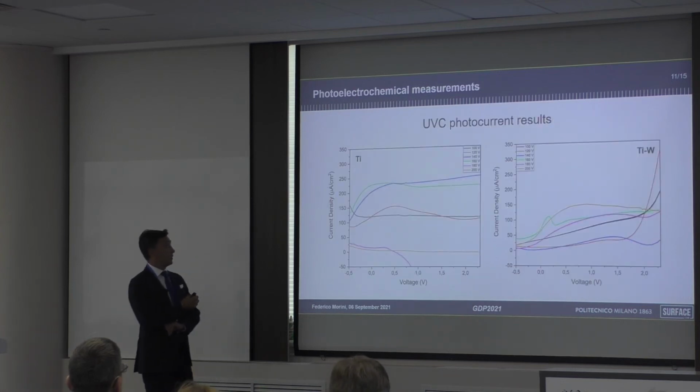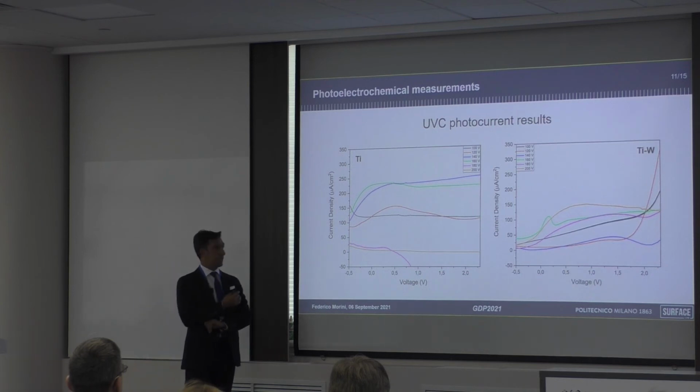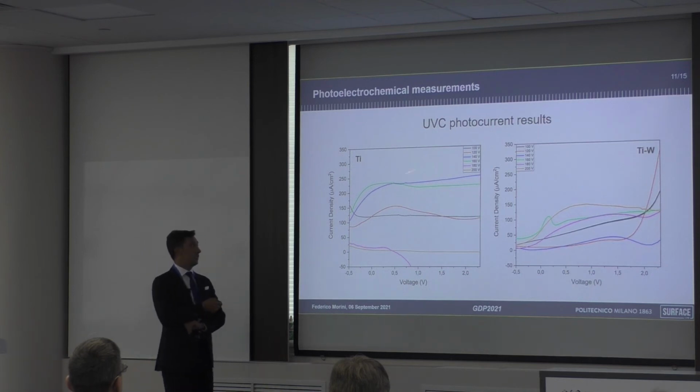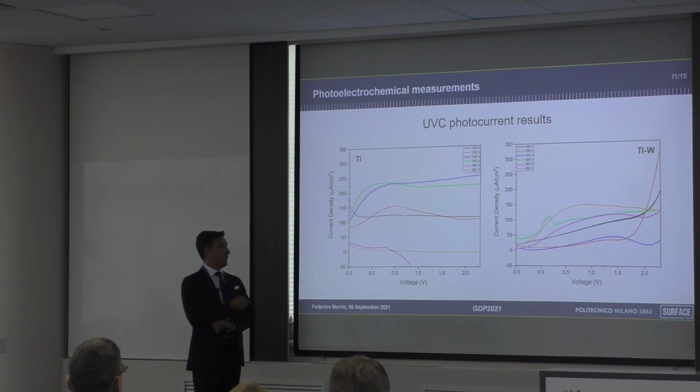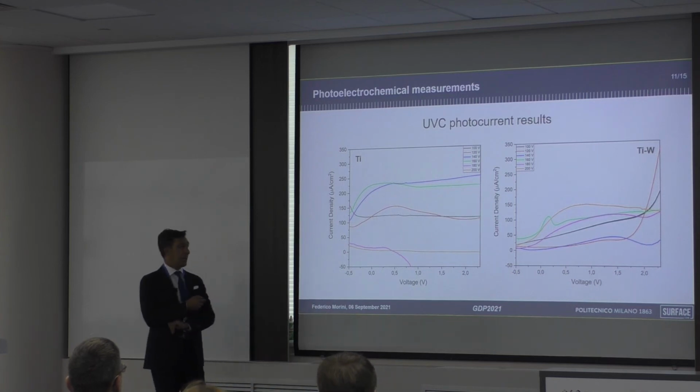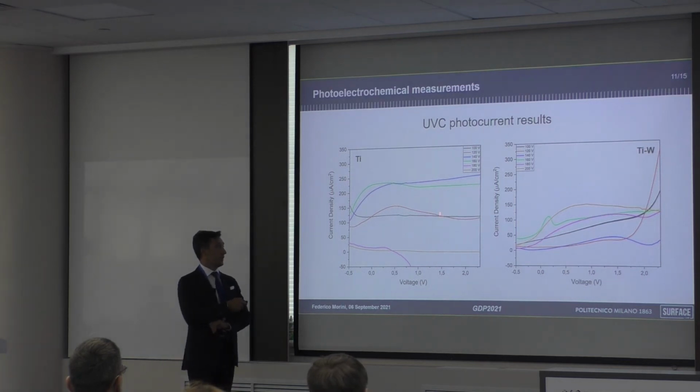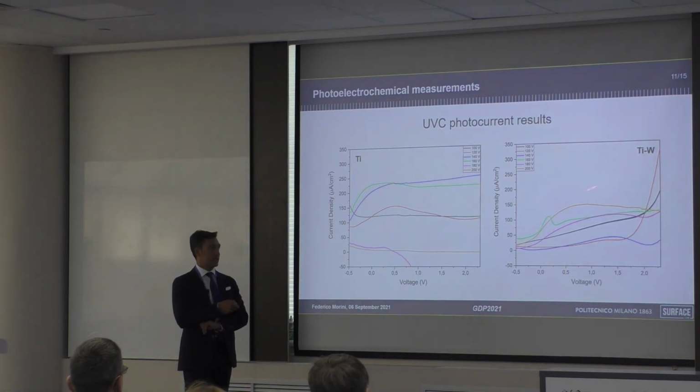From the results of the photocurrent under UVC irradiation, we immediately see from these graphs that the titanium dioxide system has a higher photocurrent response for almost all the PEO voltages, while the titanium tungsten mixed oxide has a lower photocurrent.